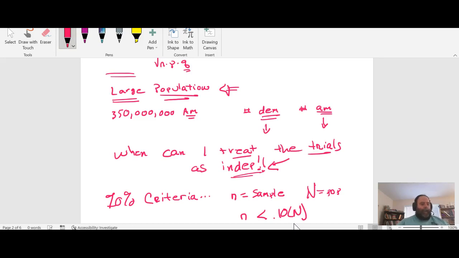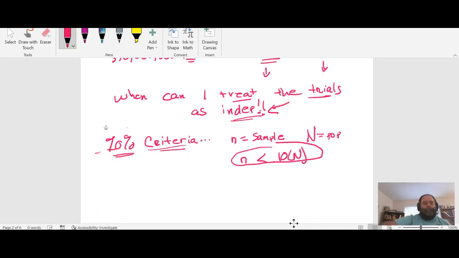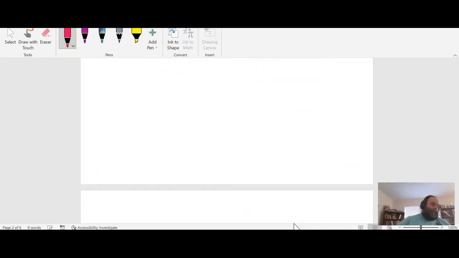So I can just work this out as though I meet all the conditions of the binomial setting and I'm good. Okay, so that's good. So when I want to do something with a large population and apply the binomial setting to that, if I check the 10% criteria, that the sample is no more than 10% of the population, then I can assume independent trials. Okay, second thing that's going on here.